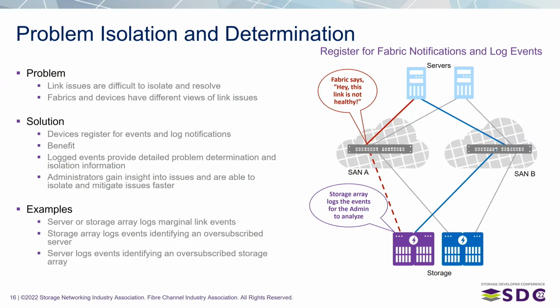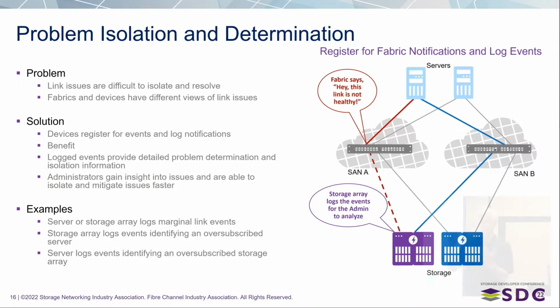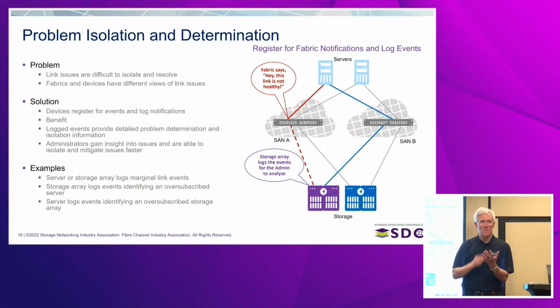By adding back just this little bit of information, by just having the devices register to receive fabric notifications, and the only thing they do is log it, they can cut down problem isolation determination to minutes. That call that says, hey, Mr. Storage, your storage is bad. He pulls up his log and goes, my storage is not bad. That host is oversubscribed, or the path from that host has a link integrity problem.